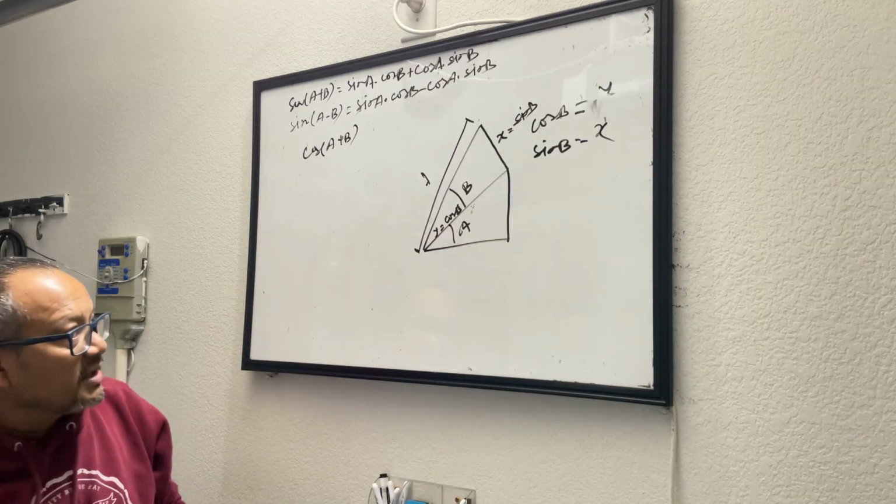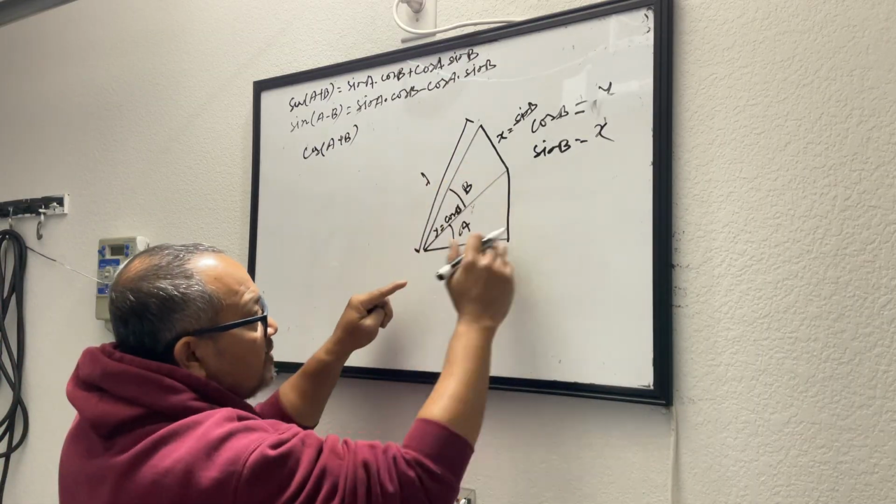Now we are coming back to the same triangle, the smaller one at the bottom.